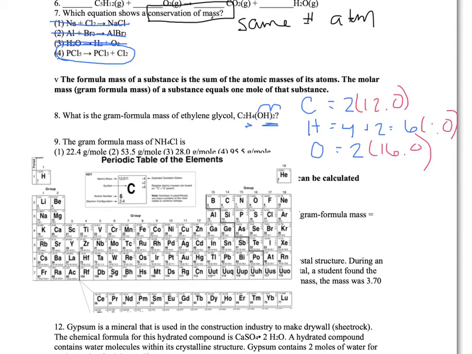Now, once we put this inside of our calculator, we'll get the total mass. So the mass of 24 plus 6 plus 32 should be 62. And our units would be grams per mole.